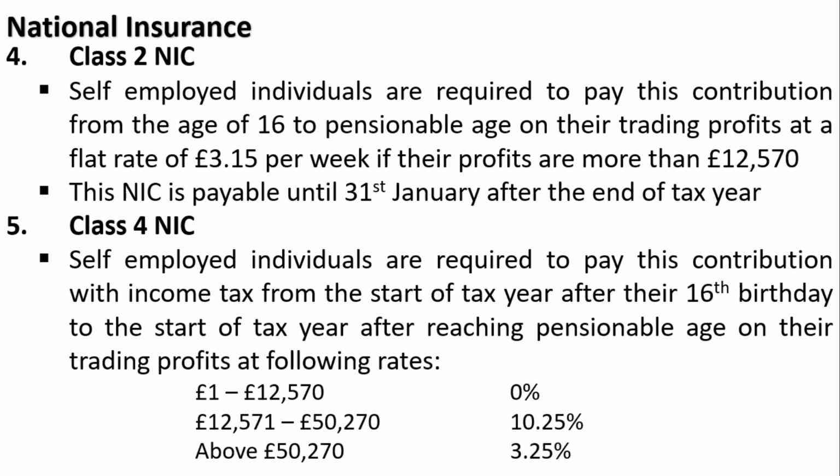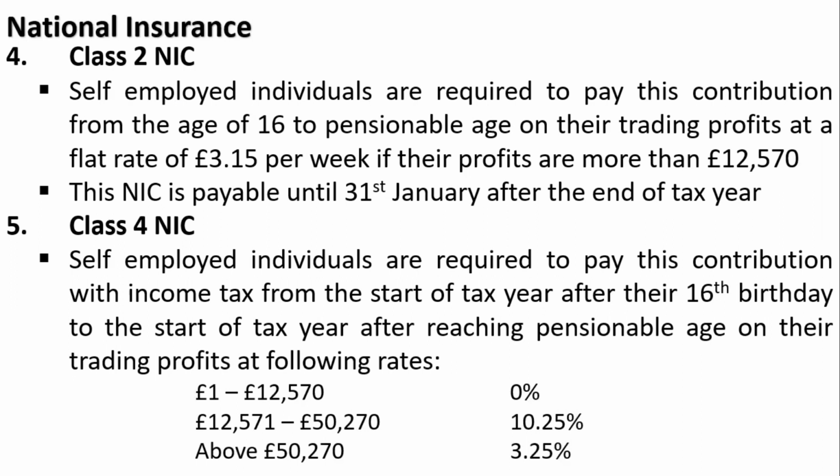Then that employer in his capacity as a businessman, as a sole trader, will also pay class 2 NIC if his profit exceeds the threshold of 12,570, which will be provided to you in the exam.